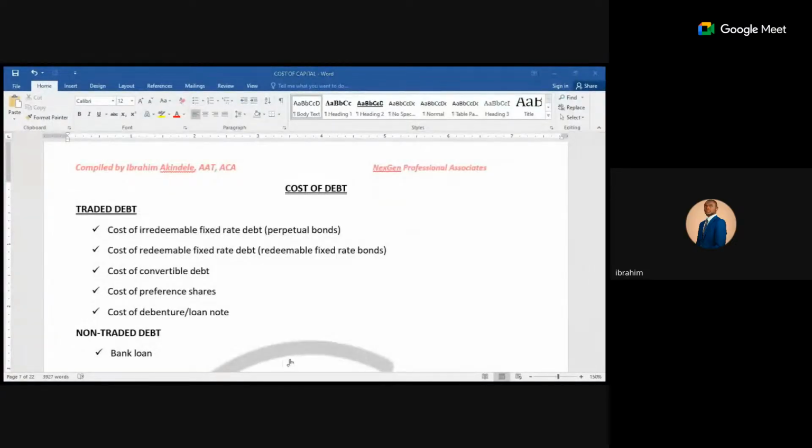we should not forget what leads us to cost of capital. When a company wants to finance a project, as a financial manager, you make an investment decision. You've identified the project. Then your CFO will ask you, how do we finance this?